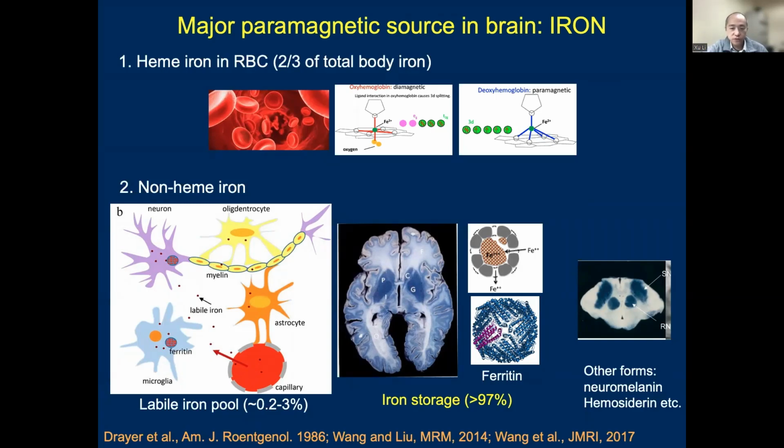About 97% of that iron is stored in the ferritin cage, which is a spherical protein that can store a lot of iron atoms inside. There are also other forms of tissue iron, like neuromelanin or hemosiderin, etc.